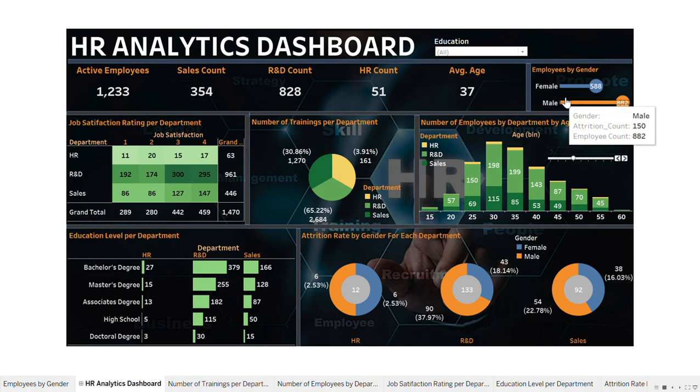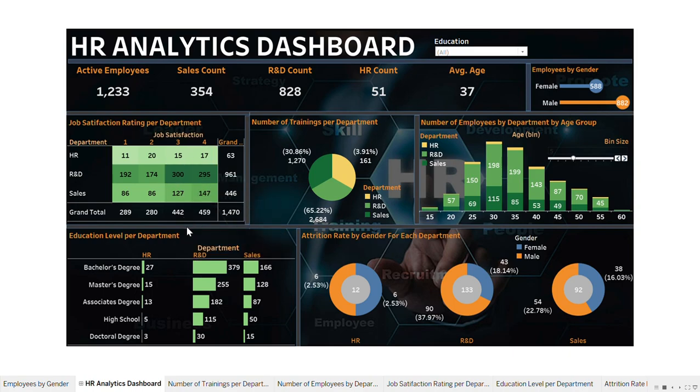We shall also be able to see the composition of employees by gender, meaning you'll be able to see the number of females and the number of males, and maybe make an informed decision on whether to balance the gender, or maybe you've done a good job balancing the gender in your company. So at a glance you'll be able to look at that number.